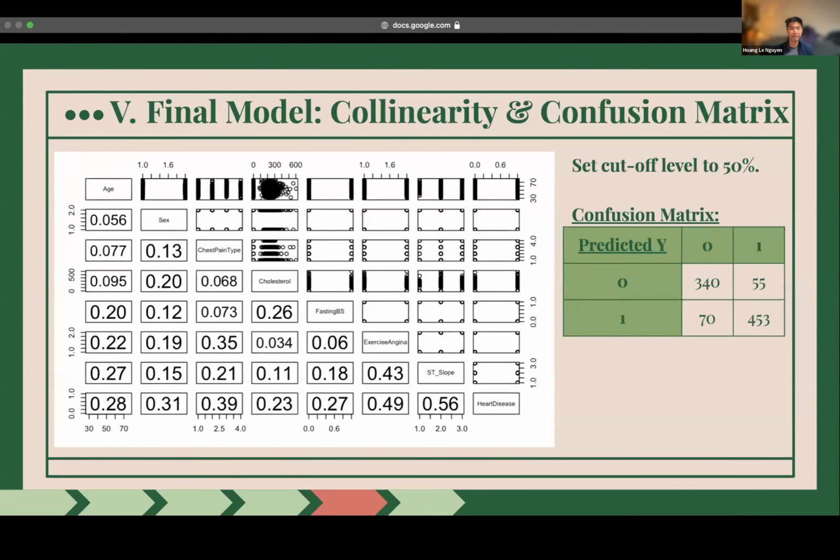We also performed a collinearity plot, which shows that we have no significant collinearity between our variables. And overall, looking at the confusion matrix, we can see that our model performed very well, both in terms of predicting negative cases and positive cases.